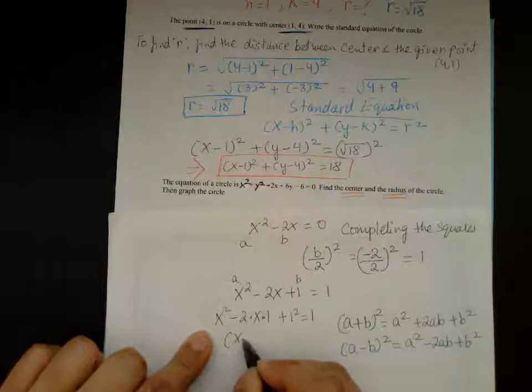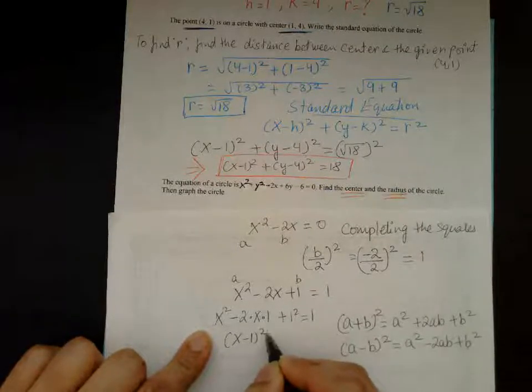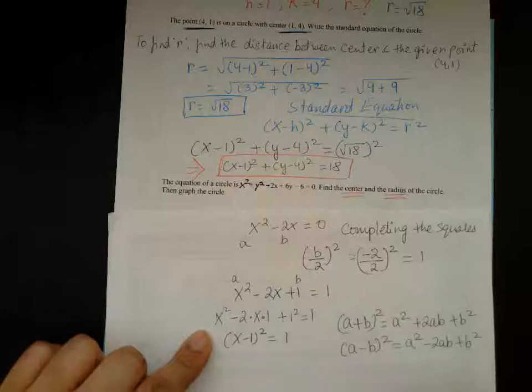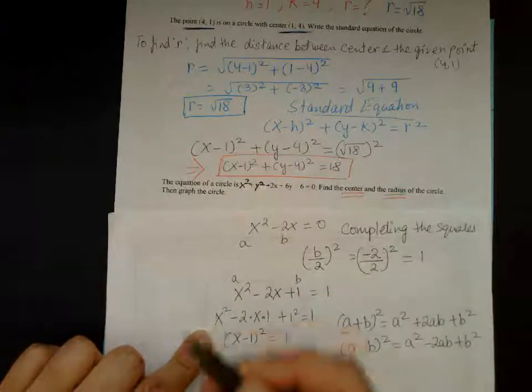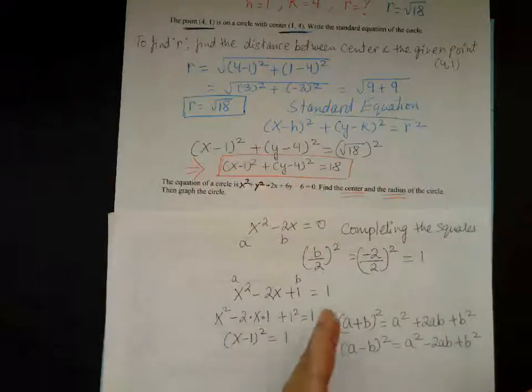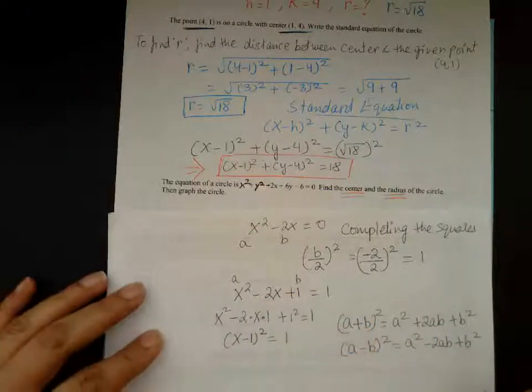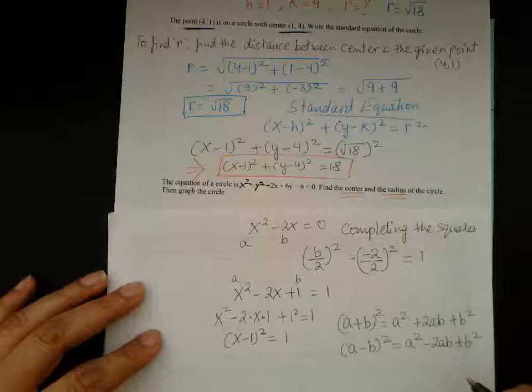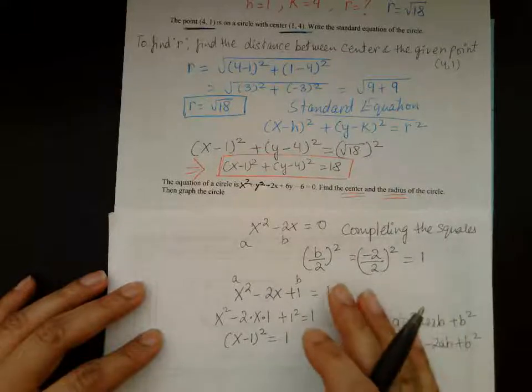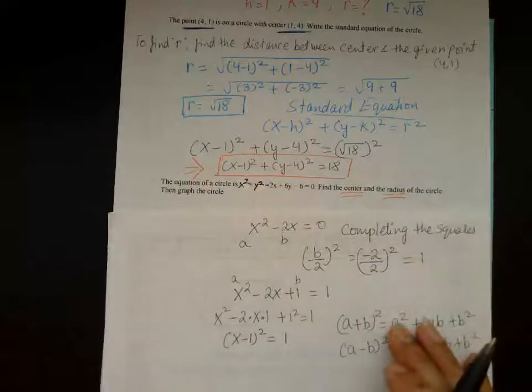So I can write this in the factor form: this is nothing but x minus 1 squared is equal to 1. This is all about completing the squares and some of the identities that you have learned in Algebra 1. Let's try to use these to find radius and center.